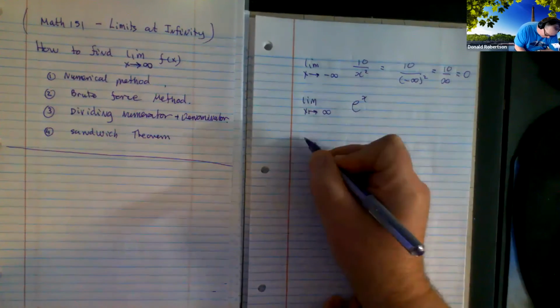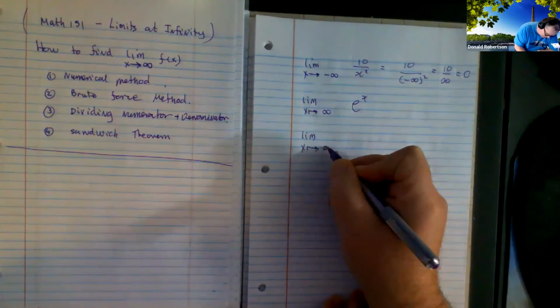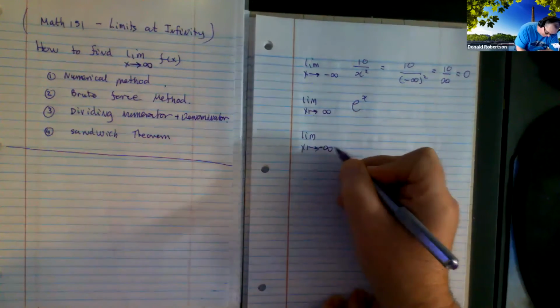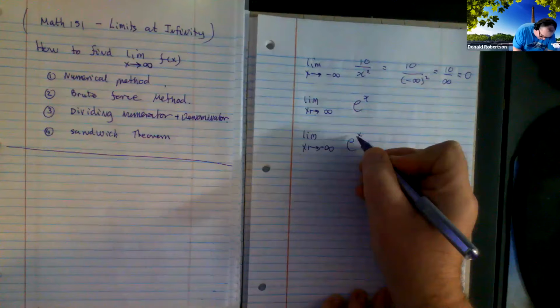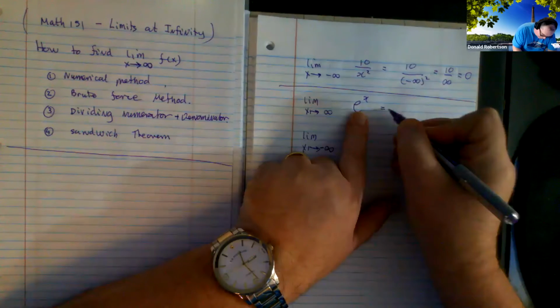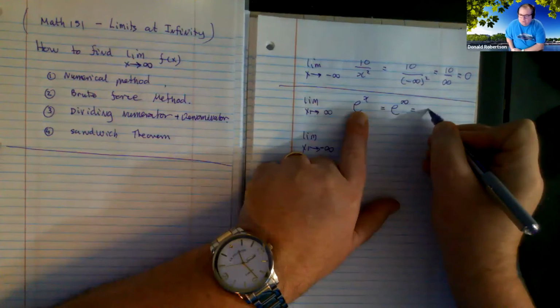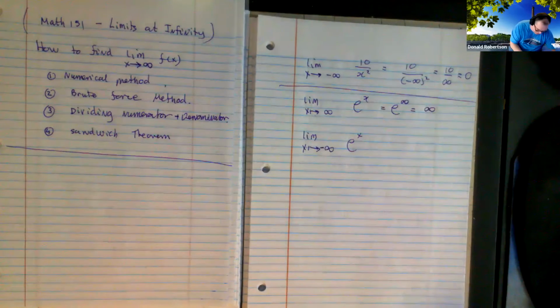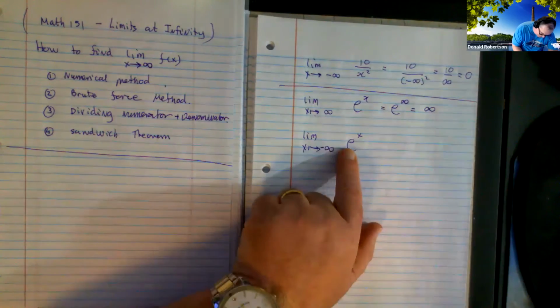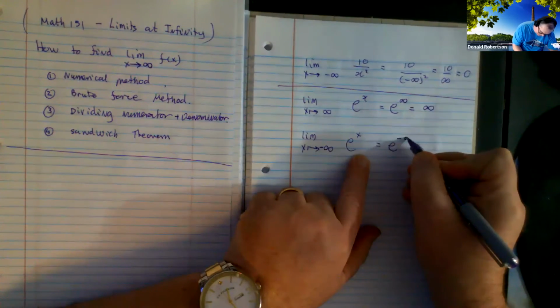Here are 2 identical questions, but with different answers. This guy is e to the power of infinity, so won't the answer here be infinite? Right. This guy is going to be e to the power of negative infinity.